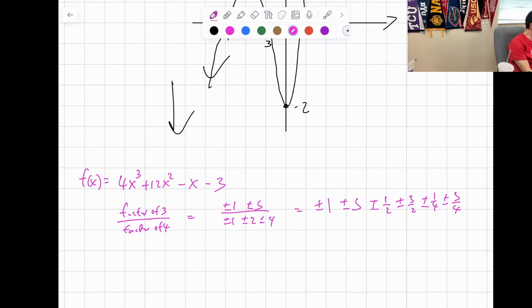By the way, minus 7 is the last one. Like I know, but I think I did it. Eyeball.